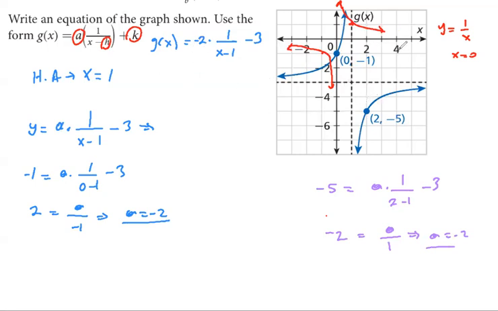But I want you to see something else as well. In our original function, which is this parent function, the distance between one of our reference points, which is (1, 1), and the x-axis is 1 unit, right? This is 1 unit. And look at our second graph.